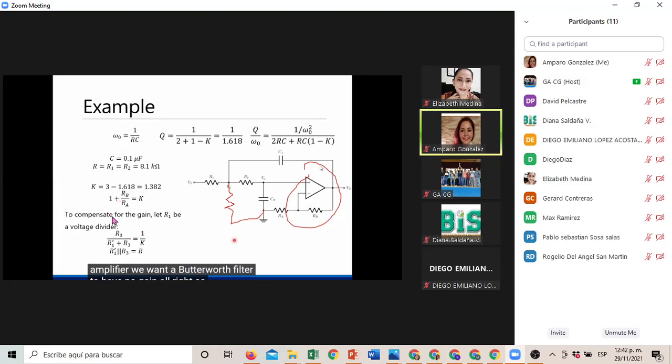Okay? So that would mean if we connect a resistor here, we create a voltage divider. And this voltage divider right here must have a resistance that is equal to the resistor we need right here, so as to not mess with the behavior of your Sallen-Key architecture.